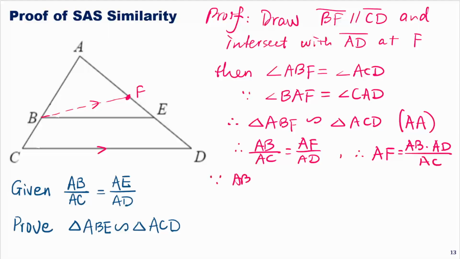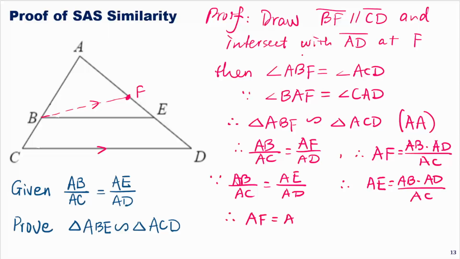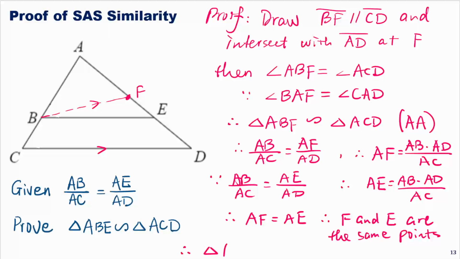And because AB over AC equals AE over AD, which is given information, we know AE can also be expressed as AB times AD over AC. The length of AF equals the length of AE. This means F and E are actually the same point. So if F and E are the same point, then triangle ABE is similar to triangle ACD.